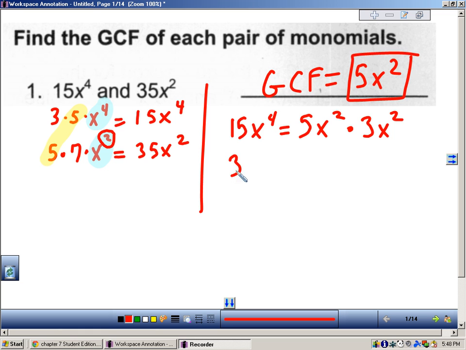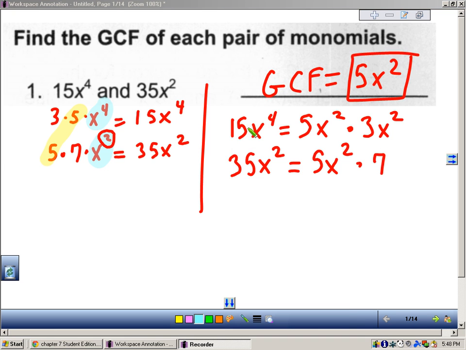And 35x squared equals 5x squared times 7. And so the largest common factor between these two monomials is 5x squared. You see that? I won't do that every single time. I'm not going to show that step. Just an observation.